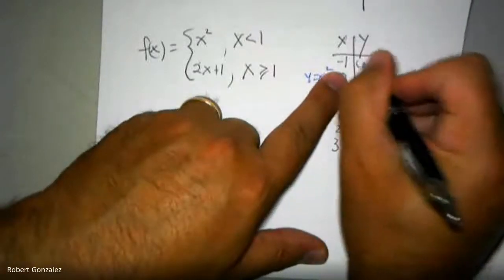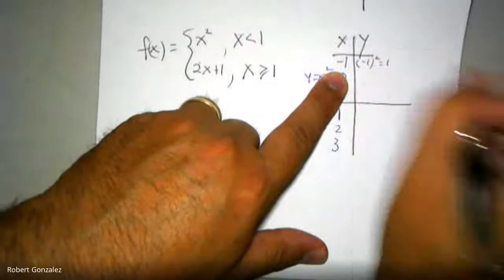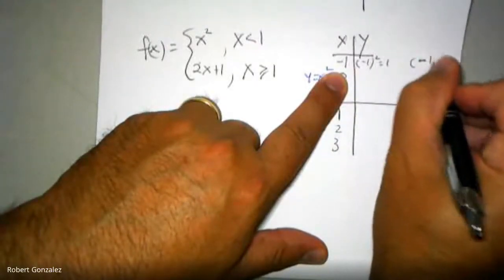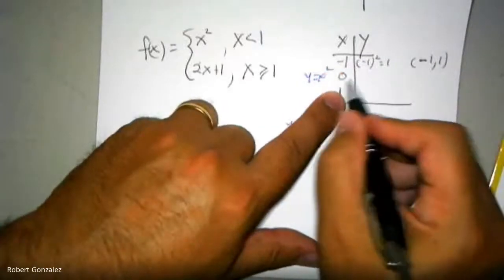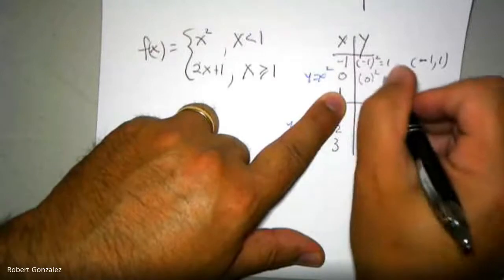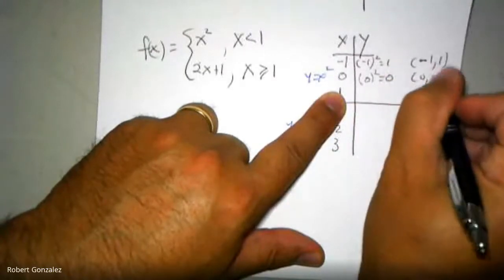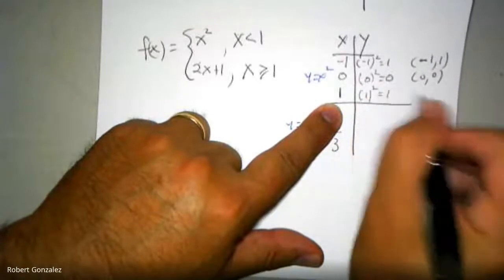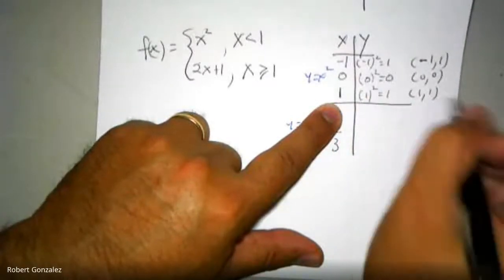I'm going to get negative 1 squared, which is 1. The point is going to be negative 1, 1. Here I've got 0. 0 squared, because my function is x squared, is 0. I've got the point 0, 0. 1 squared is 1. I've got 1, 1.